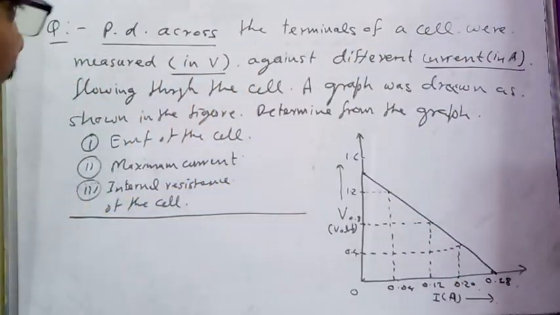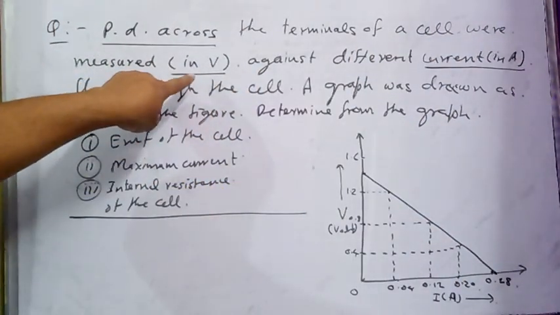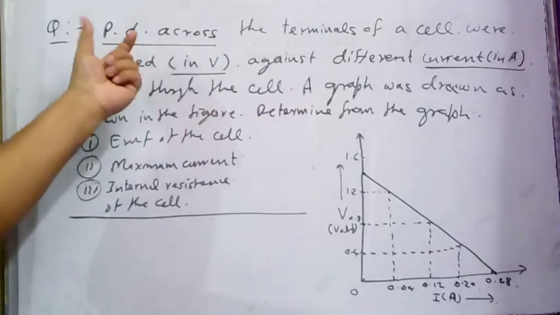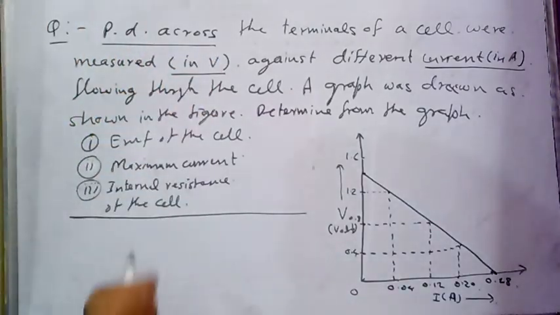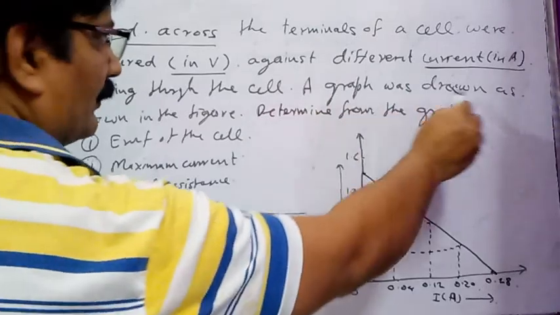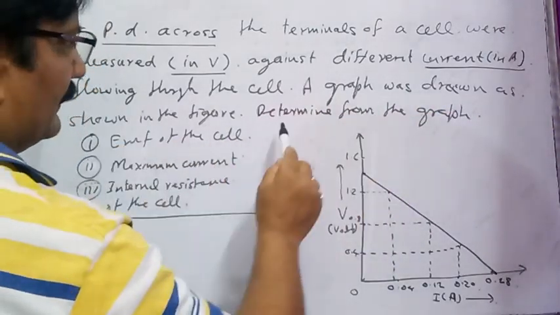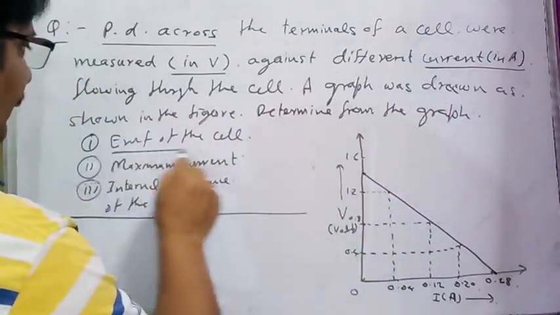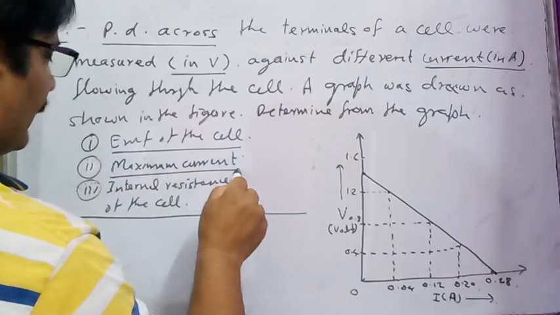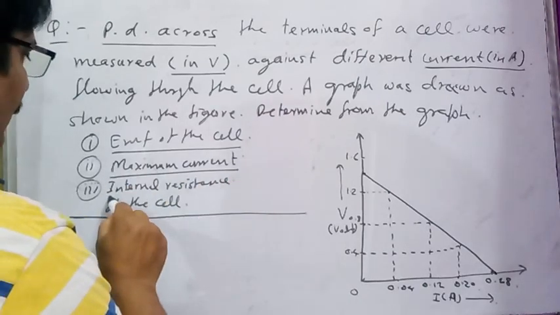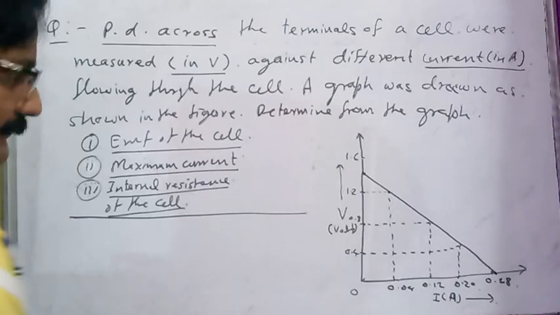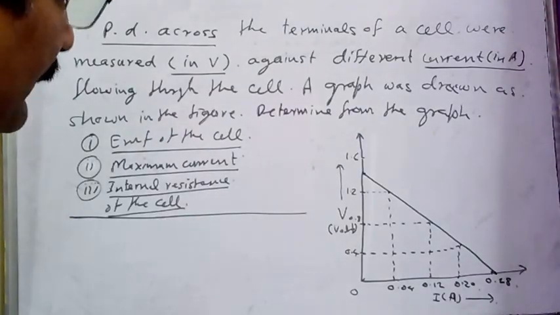A graph was drawn as shown in the figure. Determine from the graph the EMF of the cell, the maximum current through the cell, and the internal resistance of the cell. These three quantities are to be determined.